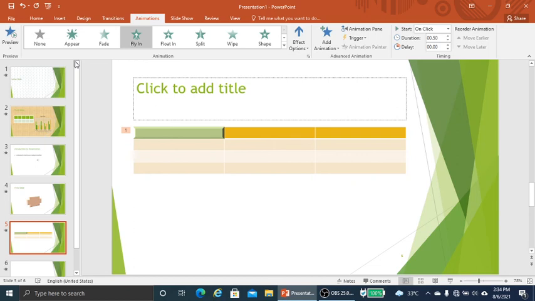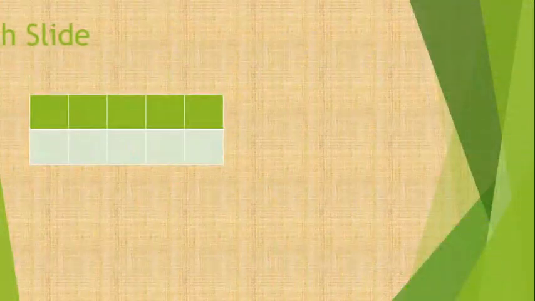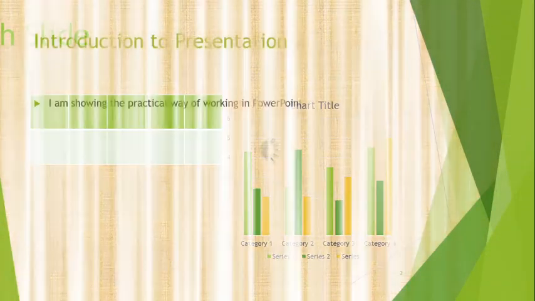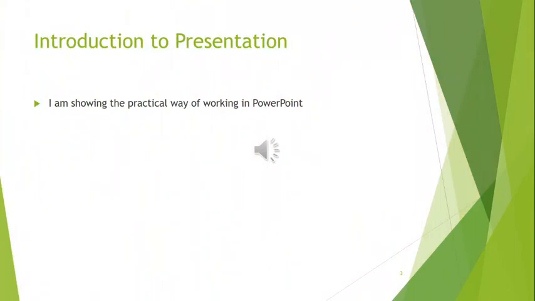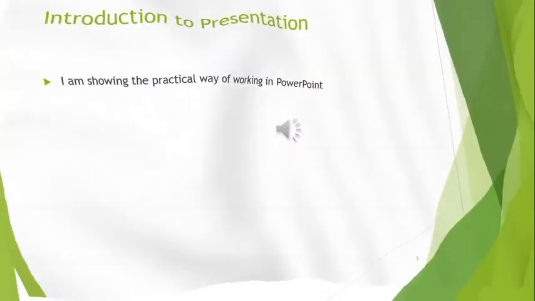Now let us have the slideshow. F5. See, this is the initial slide; because I have set it, after 2 seconds the next slide comes automatically. You can see here the animations are working and the transitions are also working.